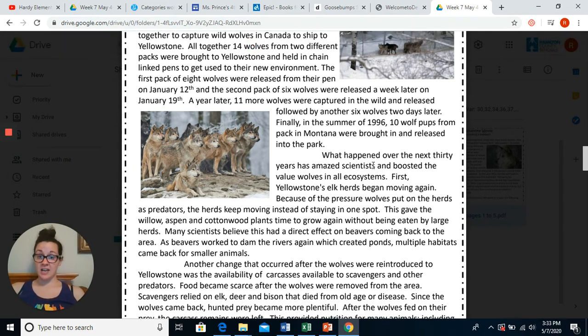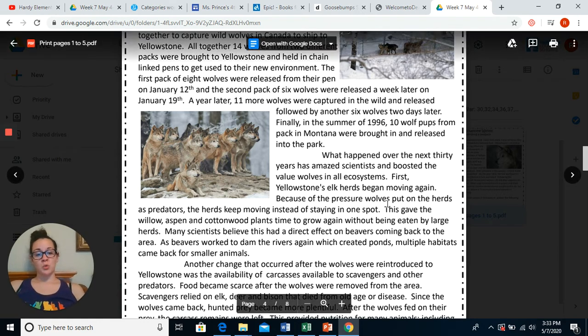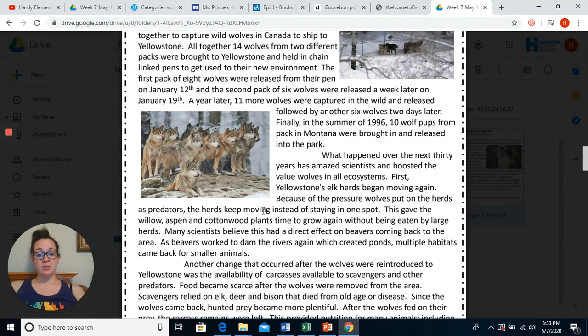That's up until today. It's 30 years later. And boosted the value of wolves in all ecosystems. First, Yellowstone's elk herds began moving again. Because of the pressure wolves put on the herds as predators, the herds kept moving instead of staying in one spot.